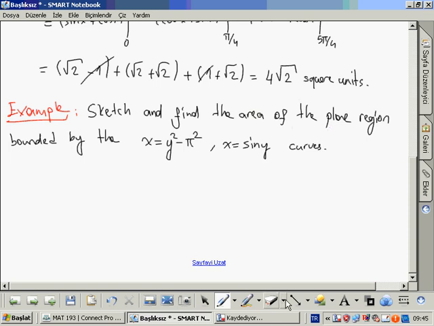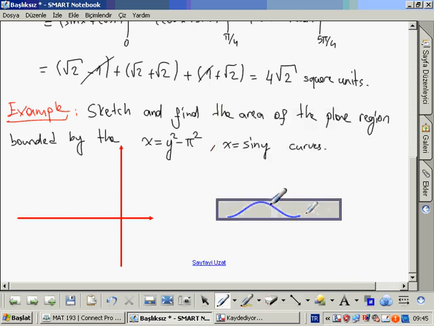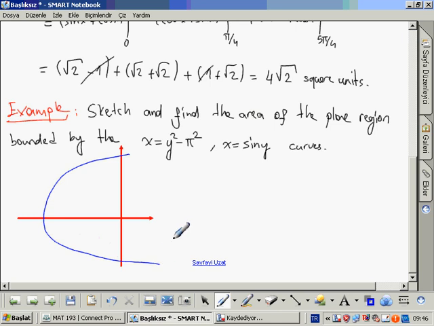The blue one is y squared minus pi squared, and it will be like that.